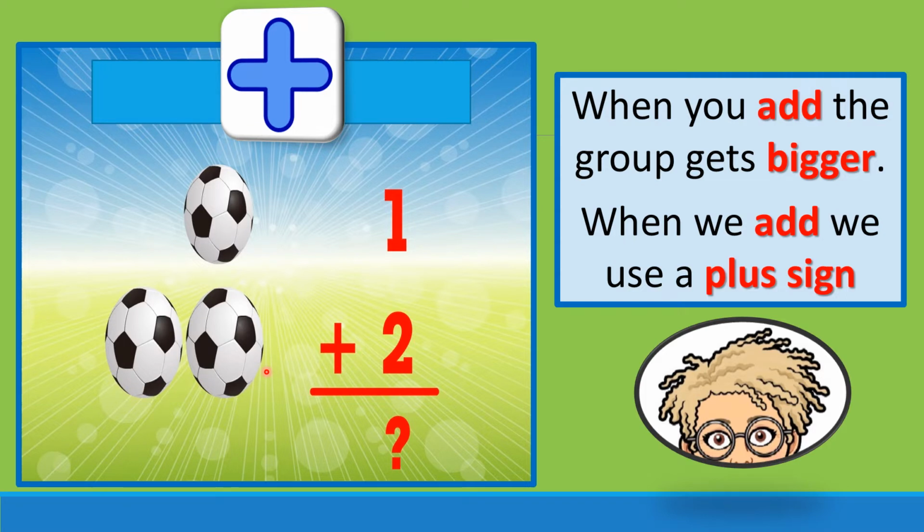In order to add, we have to count the soccer balls all together. In this case, there are 1, 2, 3 soccer balls. So our sum then would be 3. Did you get that? Well, you just performed the operation of addition.